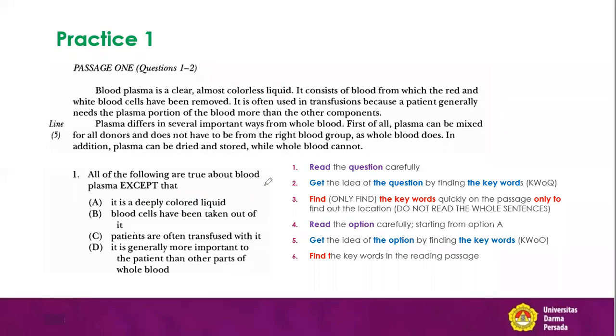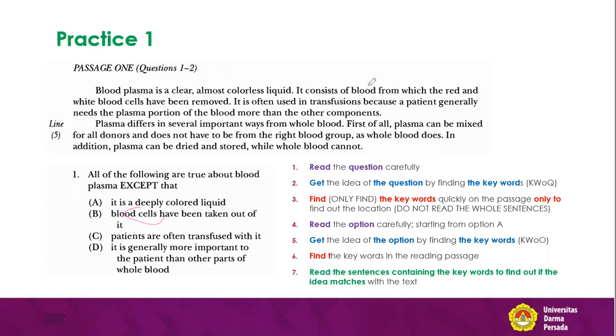Okay, now to make you sure about this, let's see option B. But let me continue this one. Read the sentences containing the keywords to find out if the idea matches with the text. Just to make sure everybody understands. What is the keyword? Blood cells taken out.